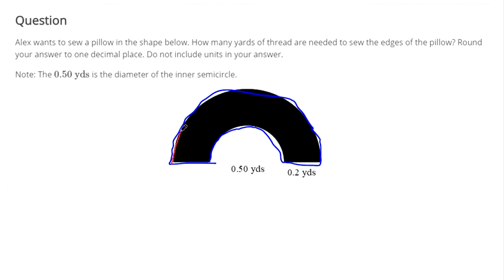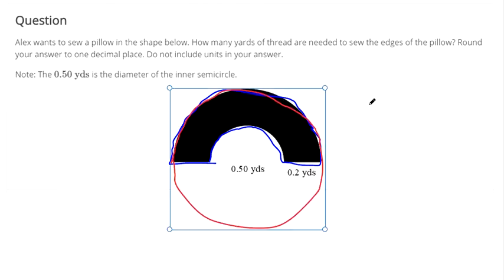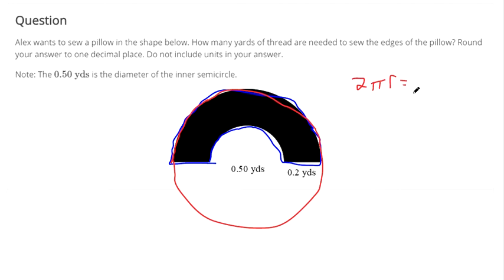We can find this piece out because if you pretend it's a whole circle, then we know that red distance is 2 pi r. It's the circumference of the circle. Okay, so if we have the 50 yards, I think they mean this distance is 0.5 yards and this is 0.2 yards.